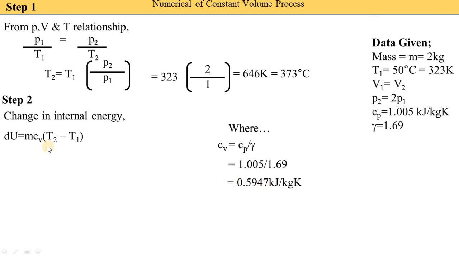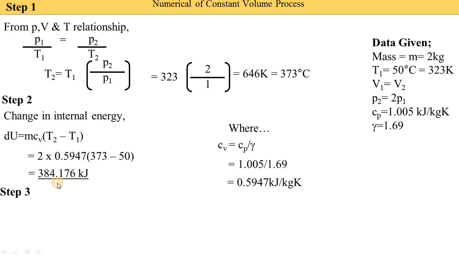Now we put the values: mass is 2 kg, Cv is 0.5947, T2 is 373, and T1 is 50. When the two temperatures are subtracted, whether we take the difference in Kelvin or in degree centigrade, we get the same difference. We get the answer for dU as 384.176 kilojoule.